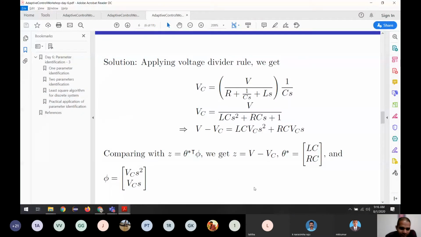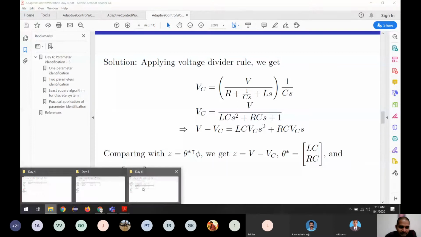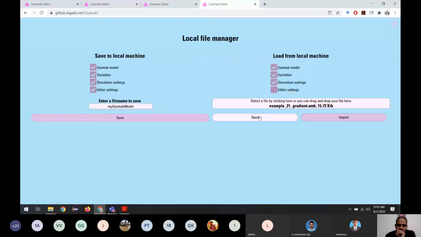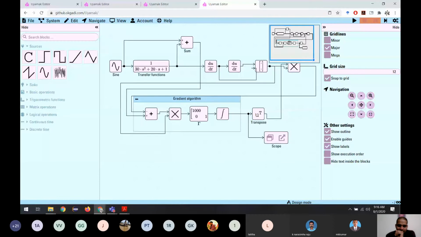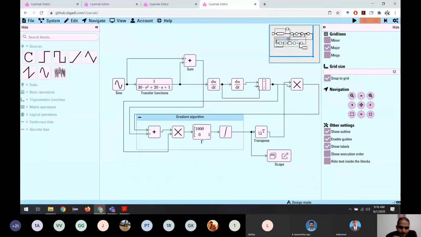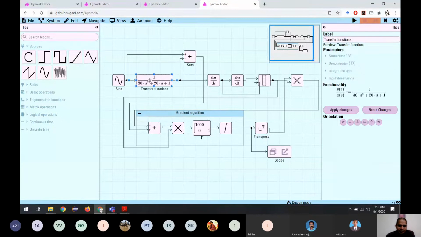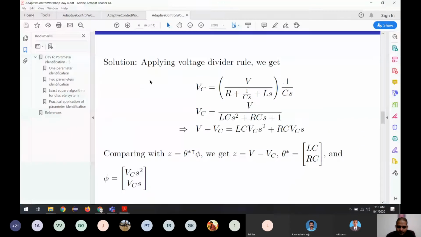Let me show what I have done, and let us go with equation number 6, the 21st. Let us see the gradient algorithm first. If you see here, this is the model we are having.